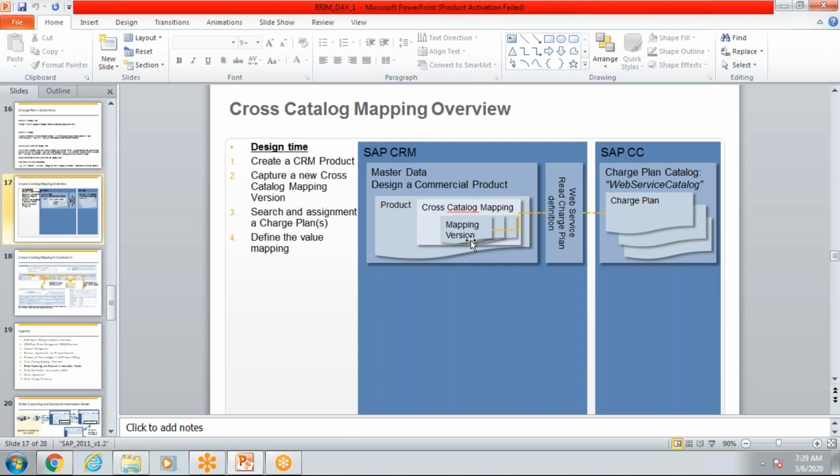That means, suppose there is one charge plan in the CC system and we have assigned that charge plan to the CRM product. Next month or some time later, if we change the charge plan, any parameters or the logic itself, in the CC system, then the new charge plan has to be assigned to the CRM product.